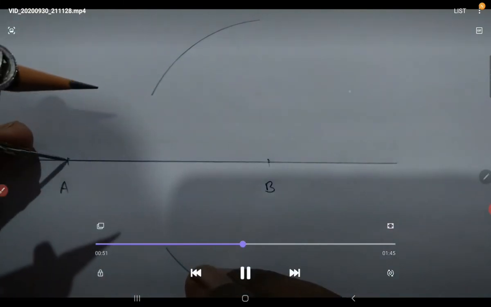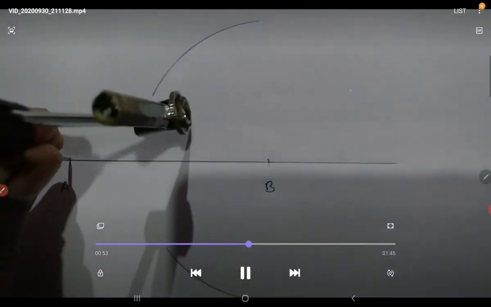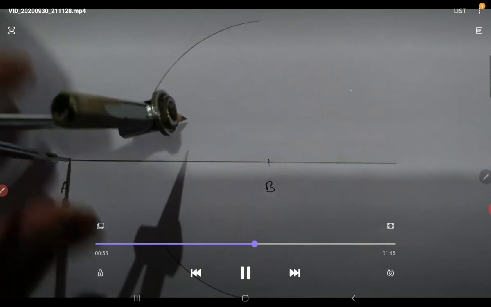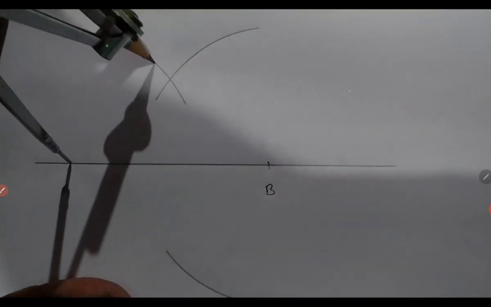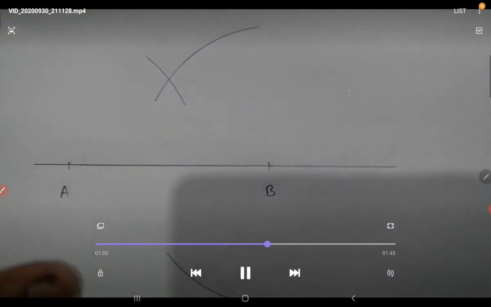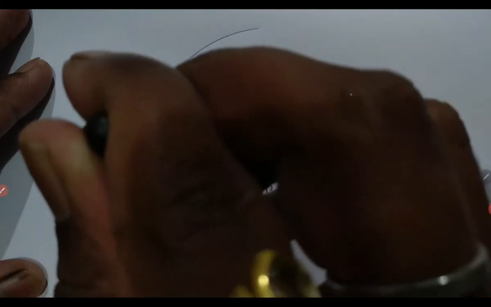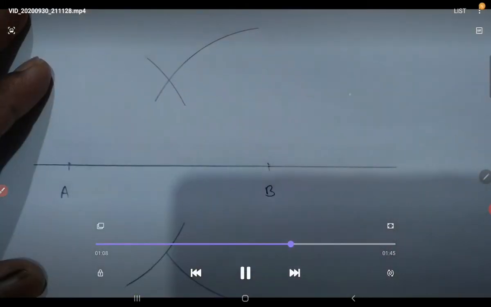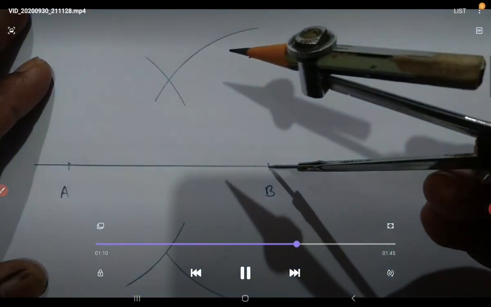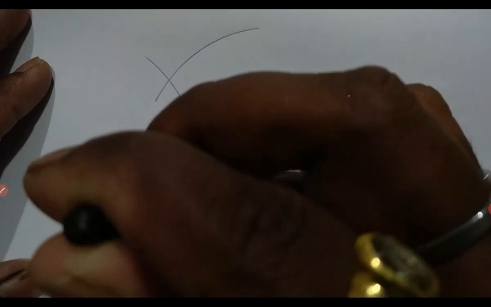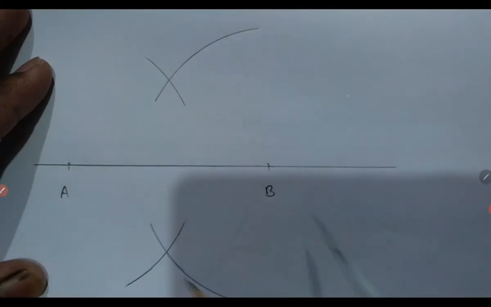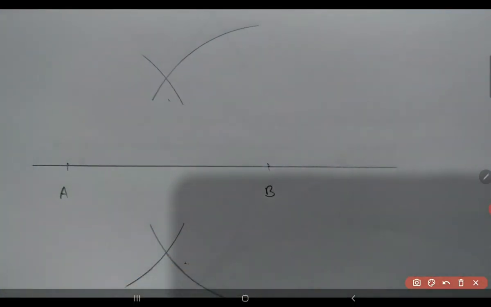Then I keep the needle at A and draw another arc such that it intersects the previous arc at the top, and I draw one arc below the line also, which intersects the previous arc. Here you can see I got 2 different points, this point here and the lower point at the bottom.